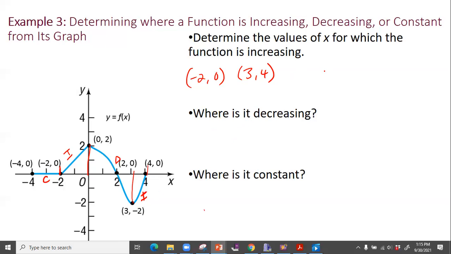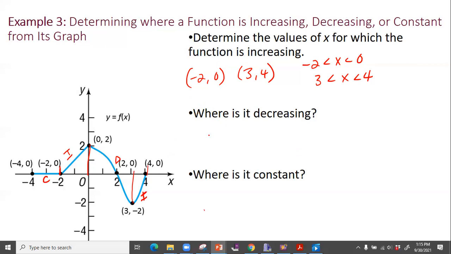If I was writing this in terms of inequalities, I would have -2 to 0, and I would have 3 to 4. It depends on what it asks, but you need to be comfortable with both of them. Notice when we're describing increasing, decreasing, and constant, we are always using parentheses on our intervals, because brackets represent being equal to, and we're not describing where you're equal to something.